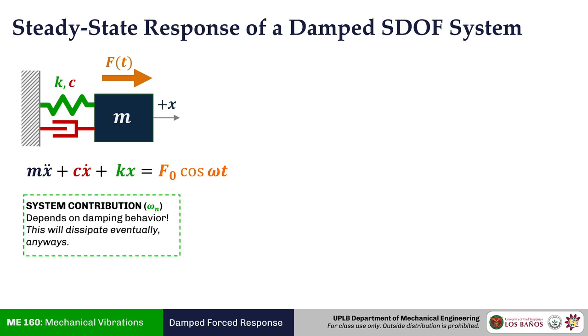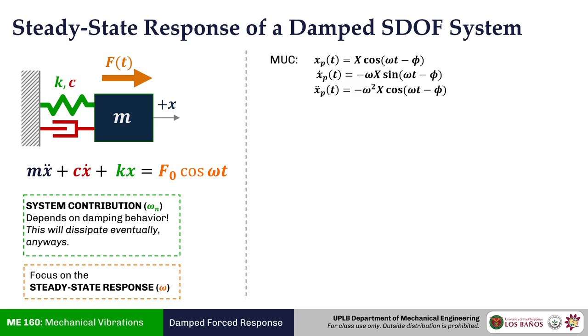So, meron tayong steady state contribution or rather system contribution na sumasayaw sa omega n. Pero as we've seen before, itong part ay nawawala na eventually. So, ang largest concern natin will be the steady state response. So, to do this, pwede tayo mag-MVP or MUC. Pero for this case, we use MUC.